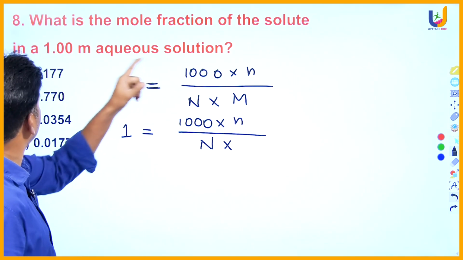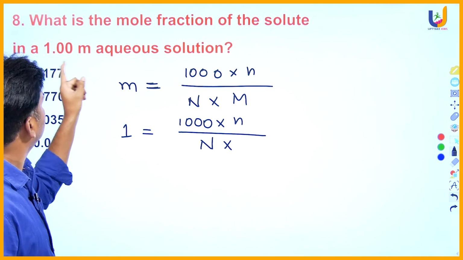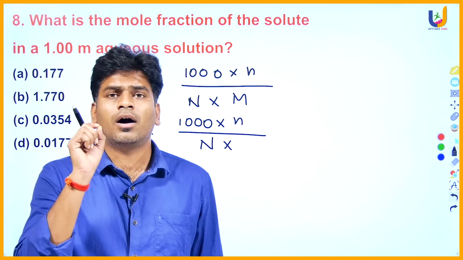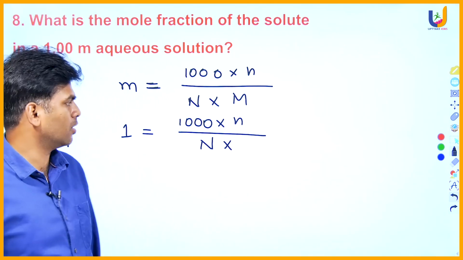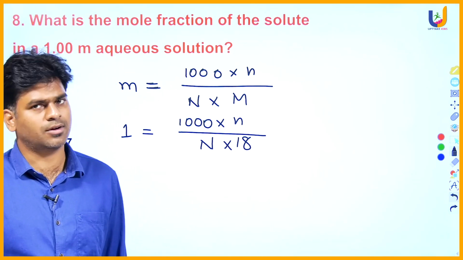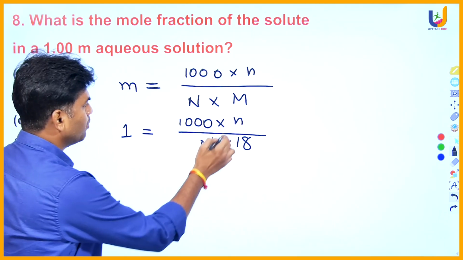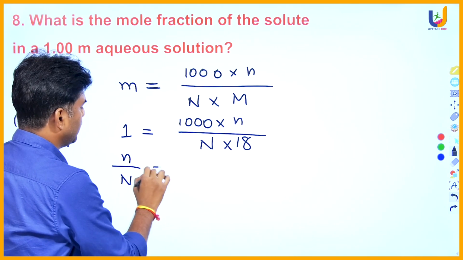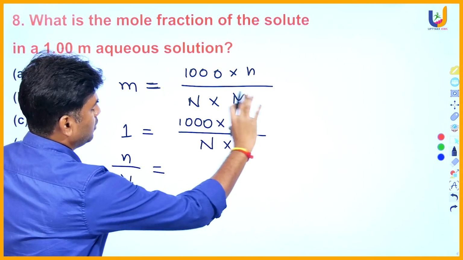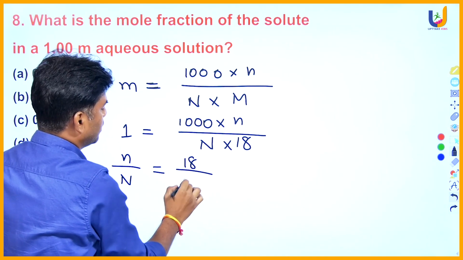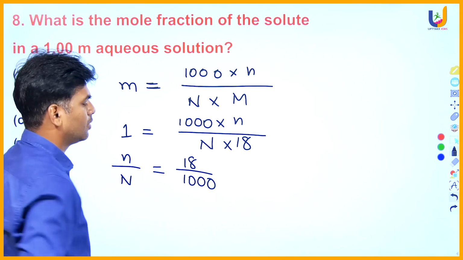What is the mole fraction of the solute when it is a 1 molal aqueous solution? They have mentioned aqueous, and aqua means water. So we must take it as 18, that is the molar mass of solvent. Now from this we must simplify n by capital N is equal to this. If you keep it here and send it here, 18 into 1, 18 by 1000.